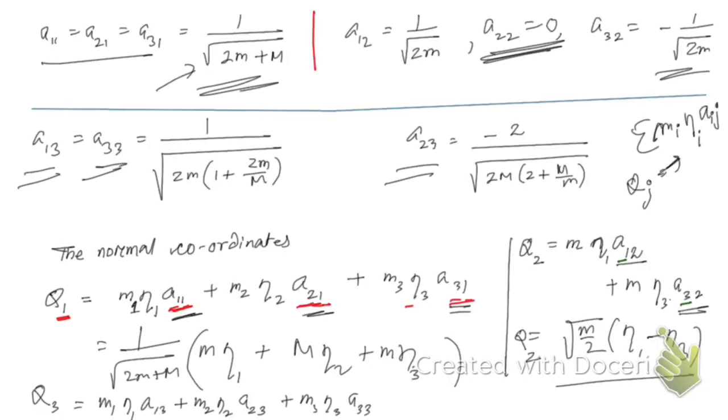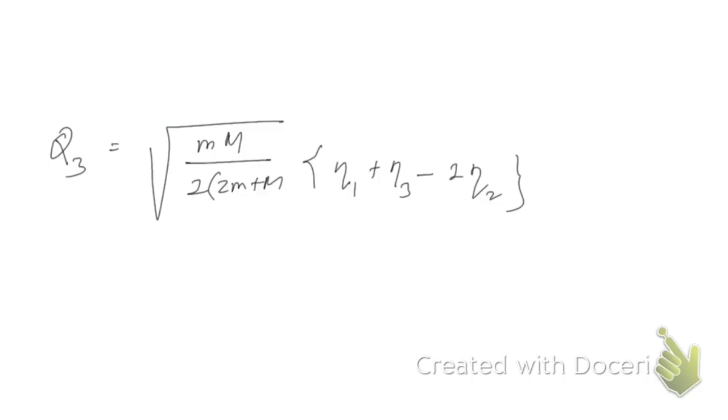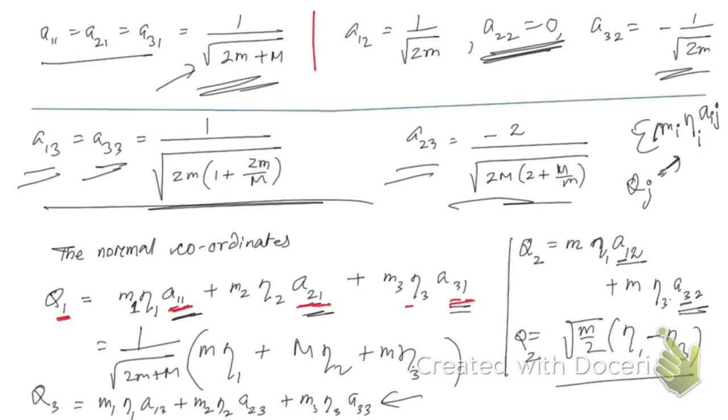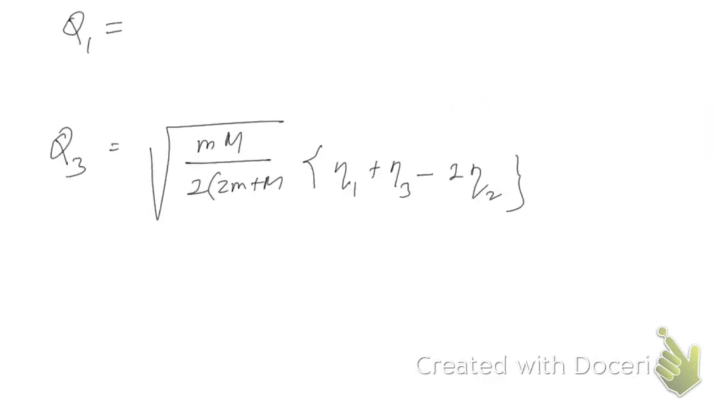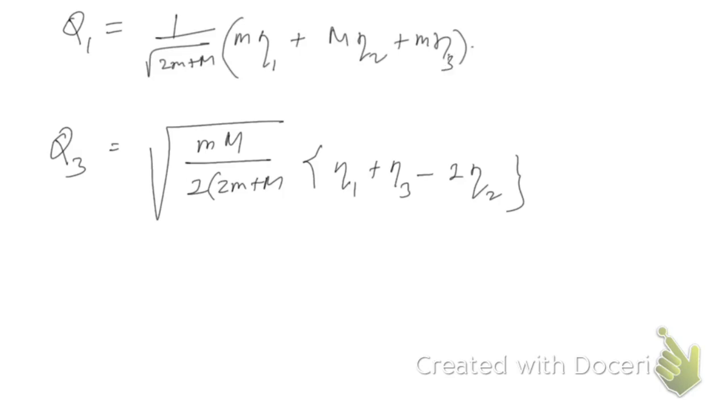So here we have to use these results in this equation, then we will get that, right? So now let me write all the values of q1, q2, q3. q1 we had got this. Let me copy the value of q1. So here is q1, this is supposed to be eta 3.